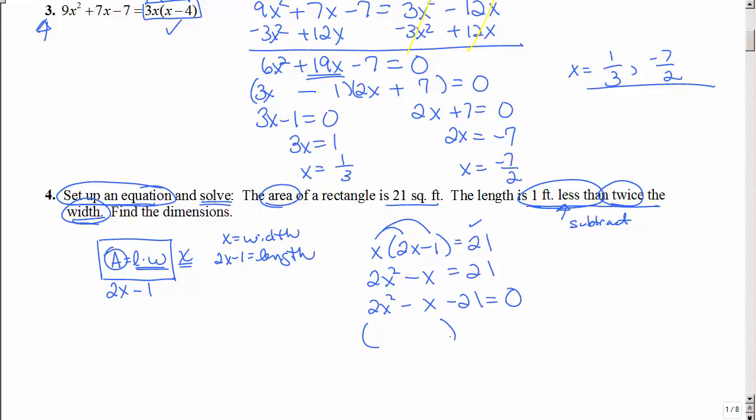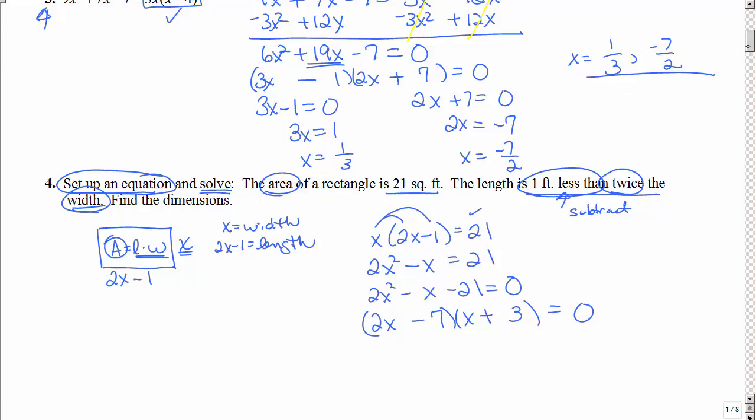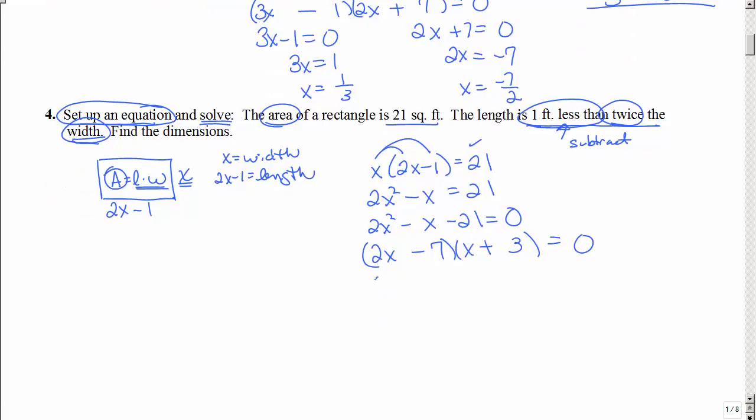No GCF, so I'm just going to factor. Again, whatever method you've been taught is fine. And I'm going to set each factor equal to 0. So here I'm going to add 7 and divide by 2. Here I'm going to subtract 3.